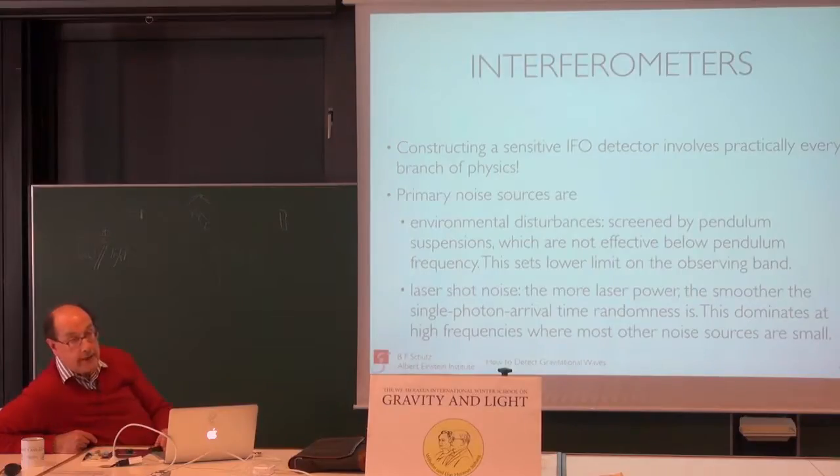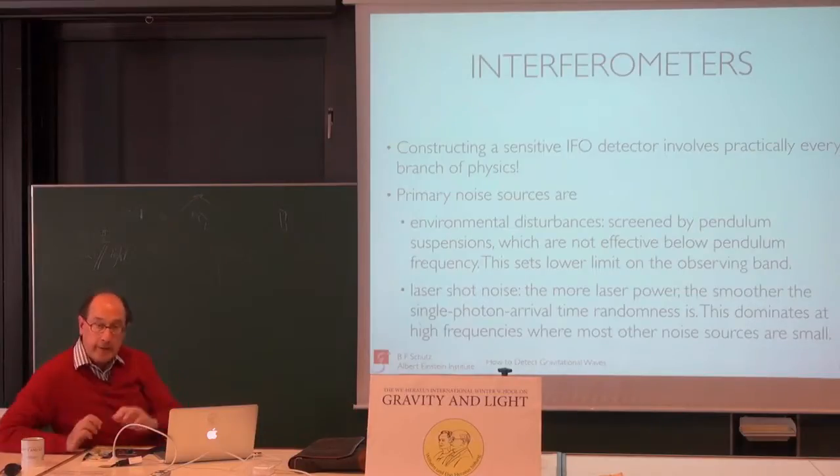And we have ways of attacking this. In Virgo, they're even doing a better job for the environmental disturbances. They have six-stage pendulum suspensions. Laser shot noise you can affect by squeezing. You can put the laser light into a quantum state so that the fluctuations in intensity at the exit port where you're measuring it are actually lower.